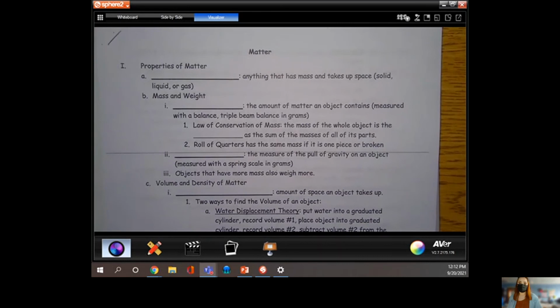Blank is anything that has mass and takes up space. Solid, liquid, or gas. Aubrey? Matter.